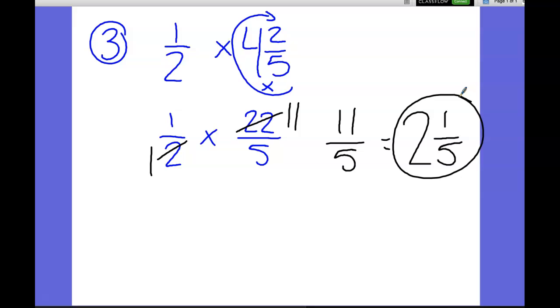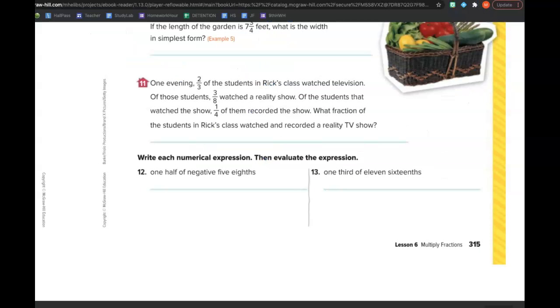Okay. There's 2 questions on your homework that I'll go over with you. On your homework, I'm going over 11 and 12. So number 11, someone want to read it for me? Callie?